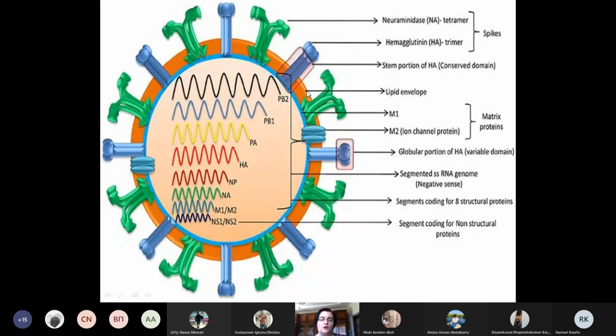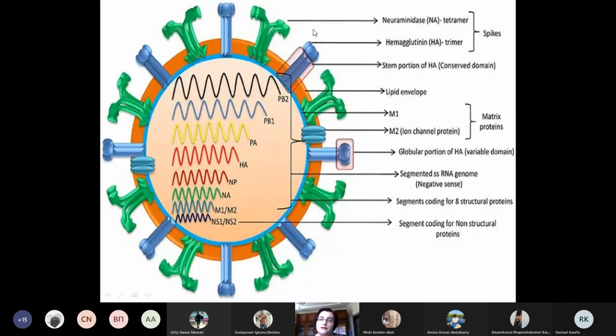Two different varieties of glycoprotein spike are embedded in the envelope. Approximately 80% of the spikes are hemagglutinin, a trimeric protein that functions in the attachment of the virus to a host cell.